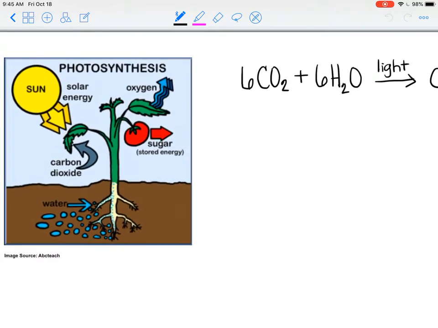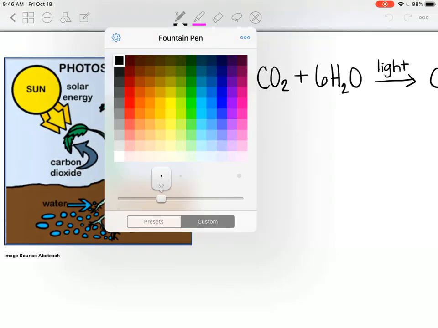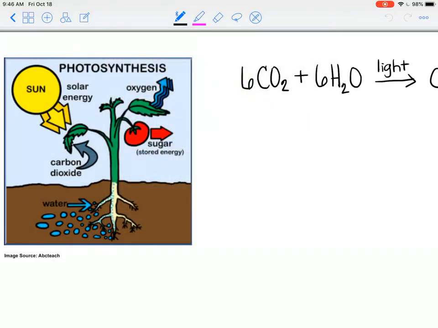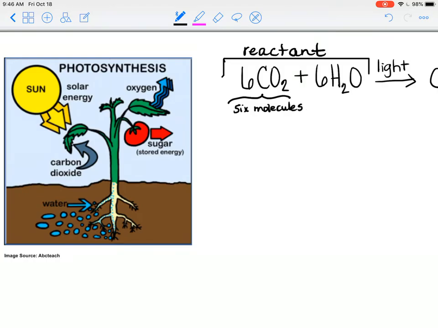So the going in is called the reactant side of this formula. So let's break this down and really understand what it's saying to me. Let me remind you that this is called the reactant side of the formula. Okay, so in the reactant side, this says 6 molecules of CO2. Well, what is CO2?